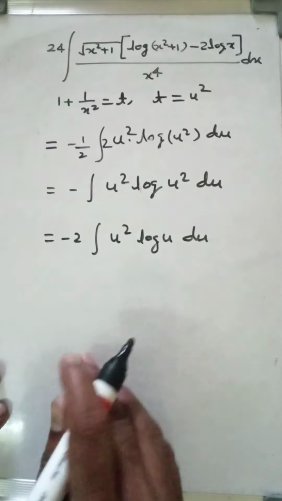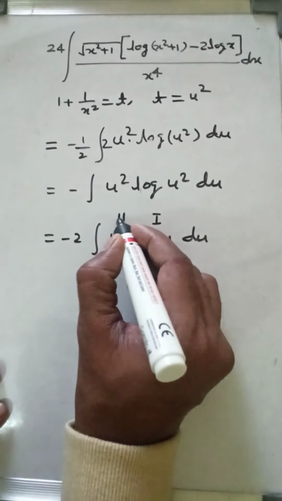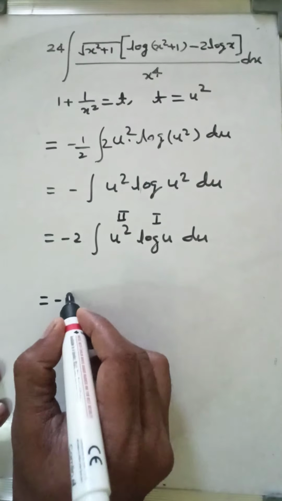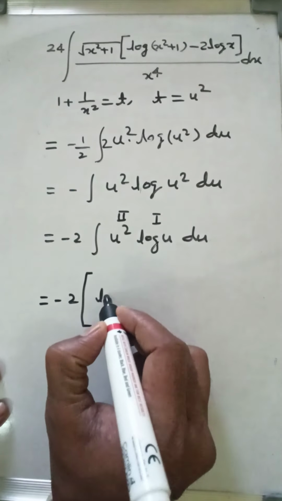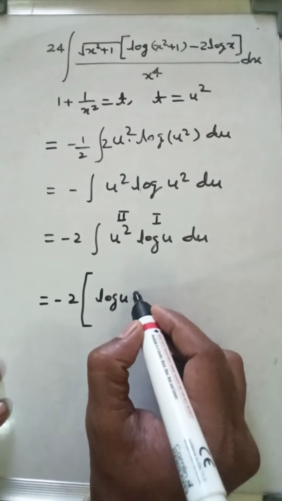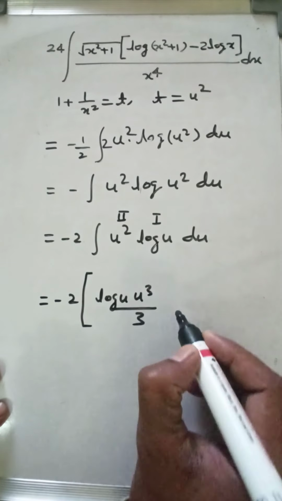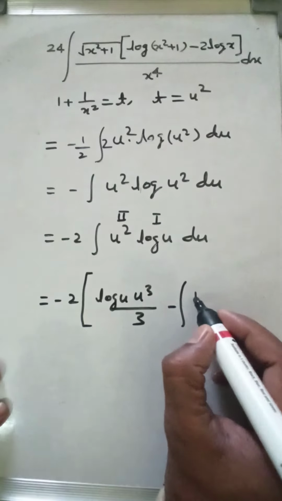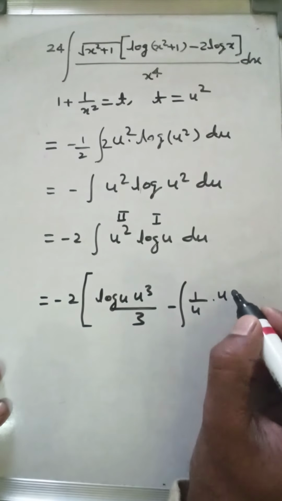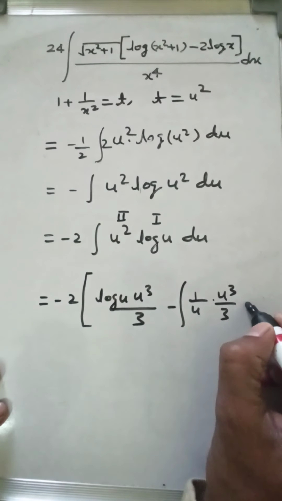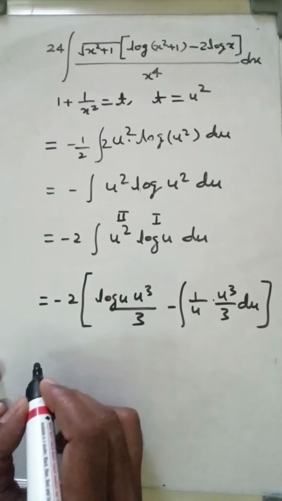Okay, now take this as first function and this as second function, and use integration by parts. So derivative as it is, do the integration: u cube by 3, minus, do the differentiation and do the integration, u cube by 3 into du.